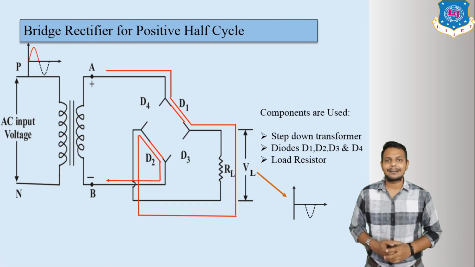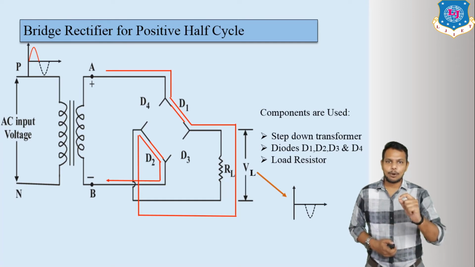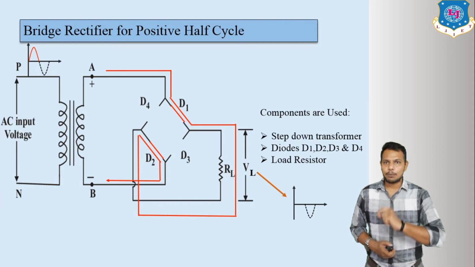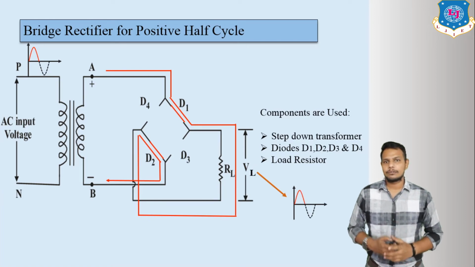Basically here current flows from positive to negative. At this time we have to measure the voltage across the load resistance. And what will we get? Here we can see if we enter a positive waveform, then across RL we will get a positive waveform, similar to what we entered at the input.